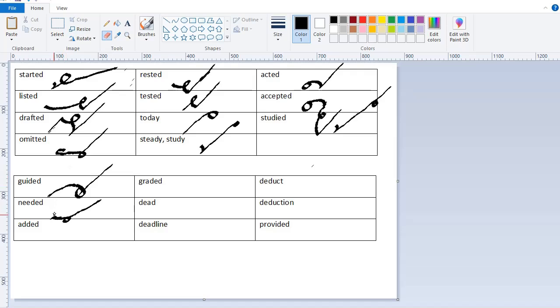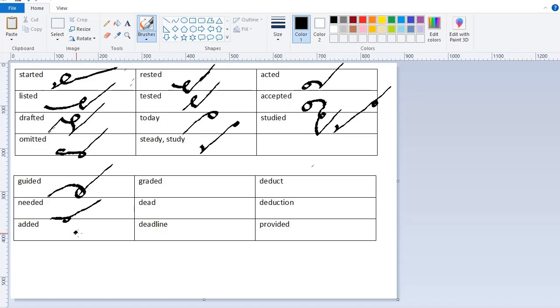Okay, mag-erase na lang tayo. Wait lang, ha. Yan.